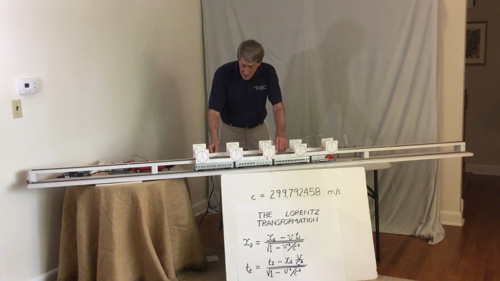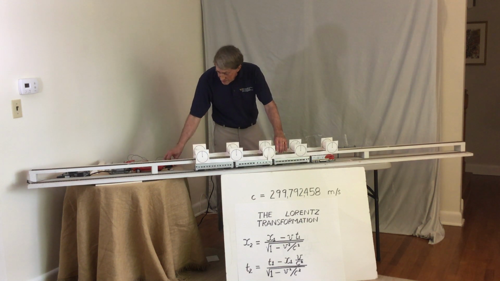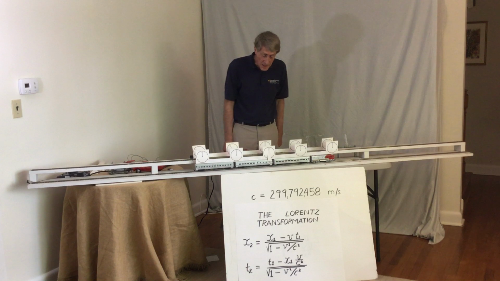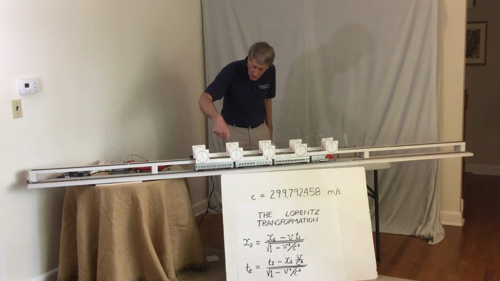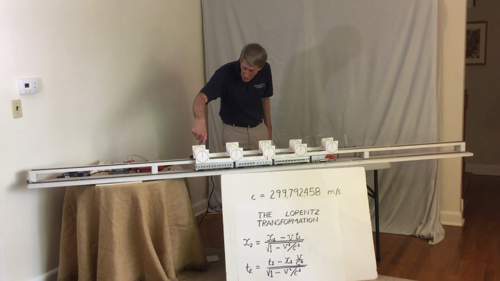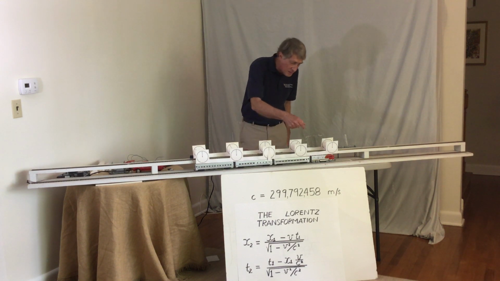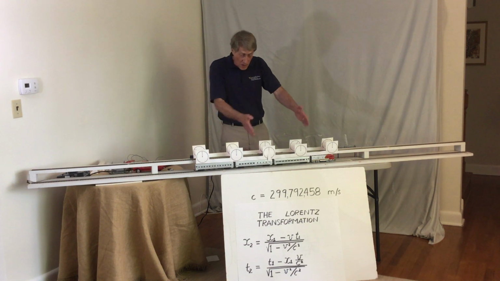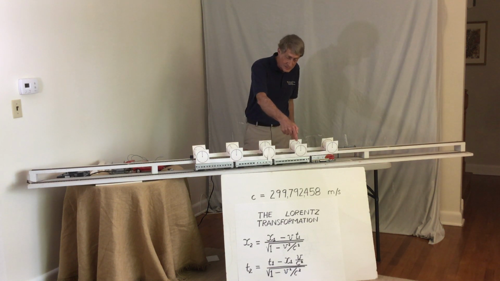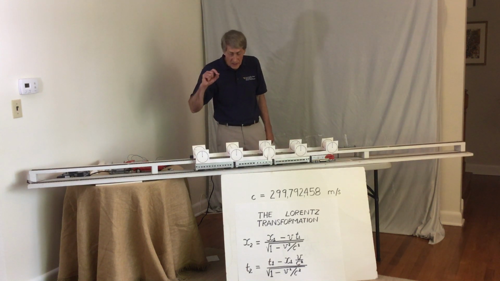Here they are, the platform clocks, and Terry is able to look across from the train over to various points on the platform and see that Pat thought Pat's clocks were all synchronized, but Terry disagrees. Terry thinks that no, these clocks are all different.